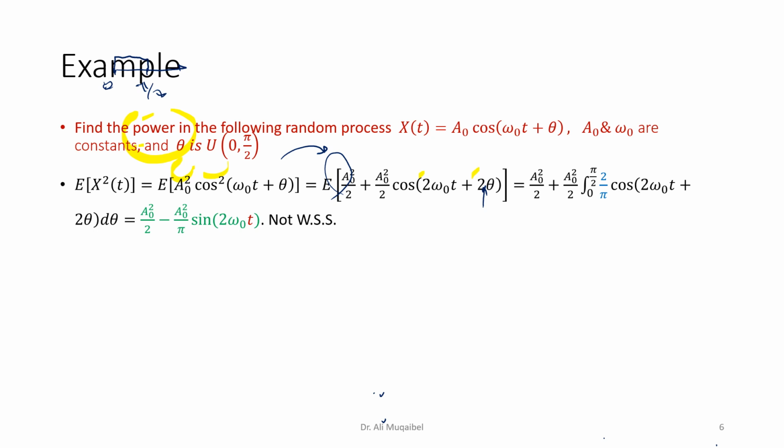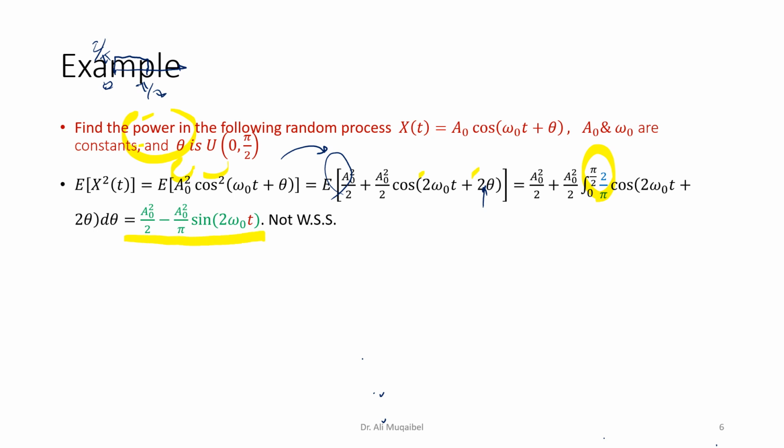This constant has to be 2 over pi. This is the blue term you can see in the equation. This is the PDF of theta. Integrating over that quantity, we concluded with the following expression.